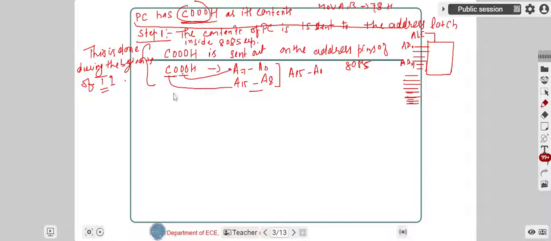In step number 2, in addition to this address information, status signals are also shown on the timing diagrams and are activated by the control unit of the CPU during T1. Okay, status signals during T1 are activated.